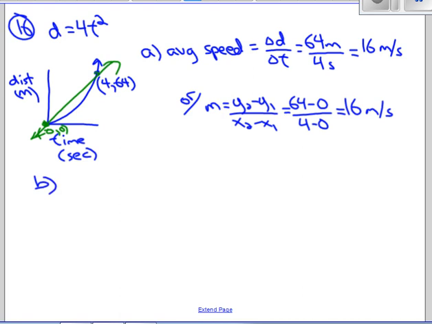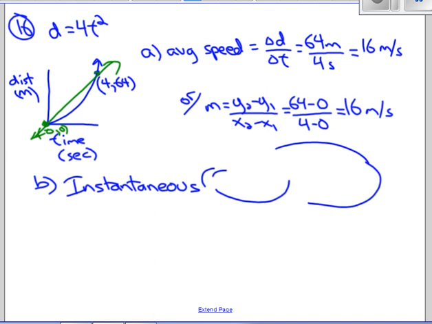B talks about the instantaneous speed. So instantaneous, as soon as you see that, you should be thinking, oh, slope of the tangent. Exactly how fast is it going at this point? And it should be faster than what the average speed was, because you can see that the slope is steeper.